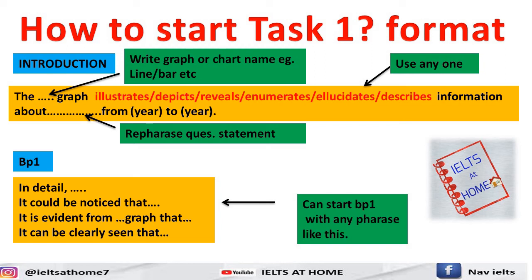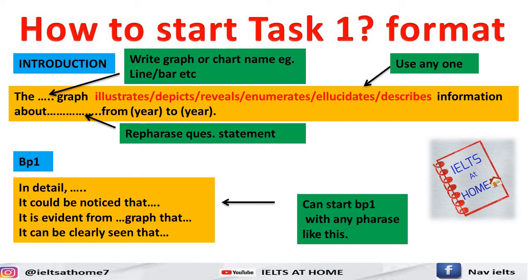If your graph is one, you must write S after these words: illustrate, illustrates. If your graphs are in plural form, I mean there are 2 or more graphs, then you must remove that S from the verb, like illustrate. If there are 2 pie charts, you must write the pie charts illustrate, so remove the S. Then you need to write information about or data about.